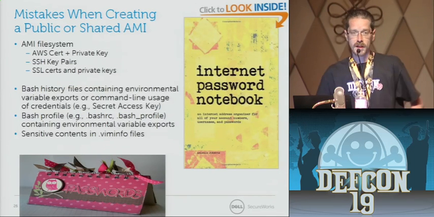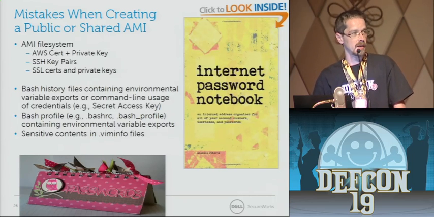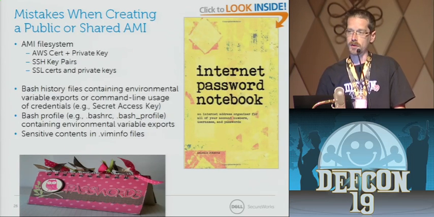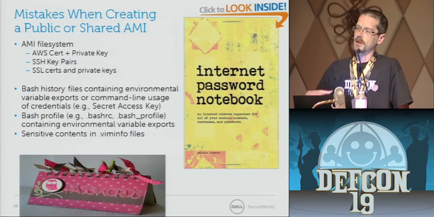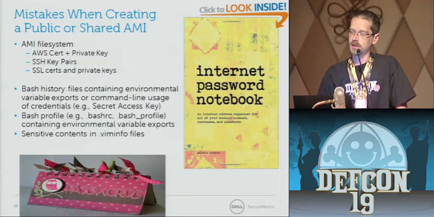When creating a public AMI, or an AMI that you share with other users, there are a number of ways that you can accidentally leak your own credential material. On the file system itself, you may have your Amazon Web Services certificate and private key. You might have SSH key pairs, either an authorized key that Ben mentioned, or an actual identity key.